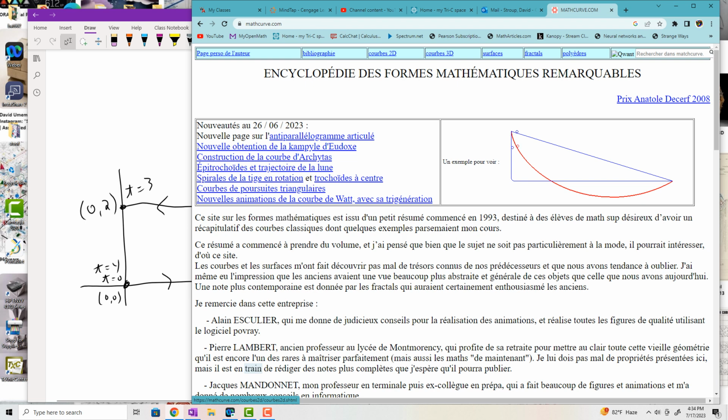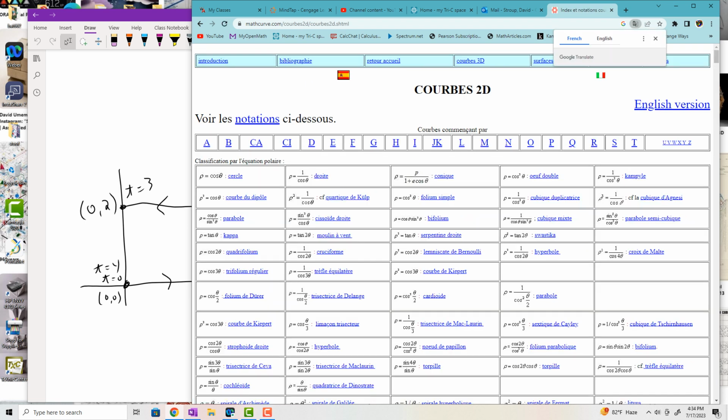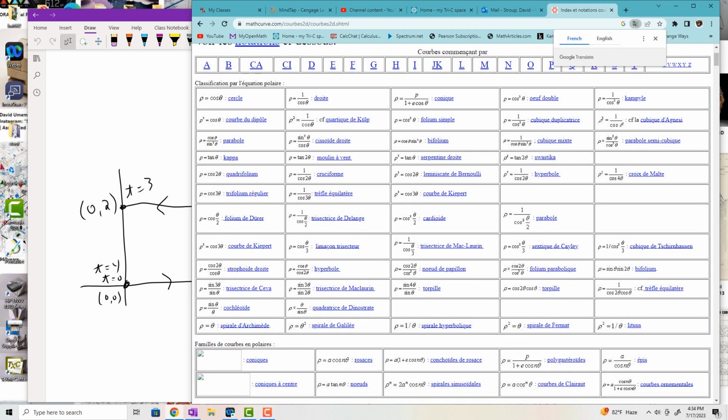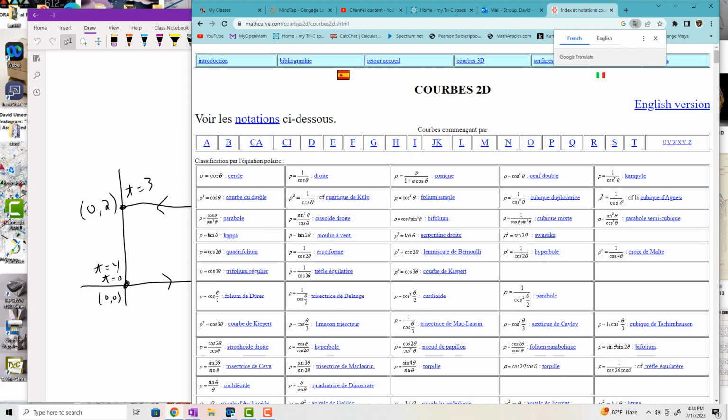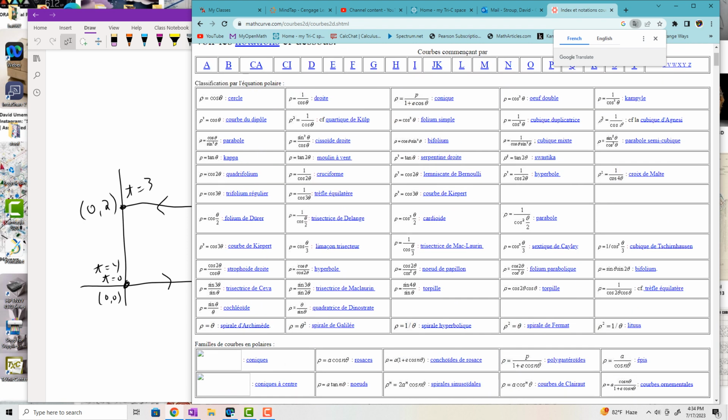It's in French, but if you're learning different languages, it's kind of fun to go through and take a look at it. So they have really unusual ones, like ones made from, I don't know, if you're a BMX rider, a bicycle rider, or a skateboarder, and you're doing these weird kinds of patterns. They have some of those in there.